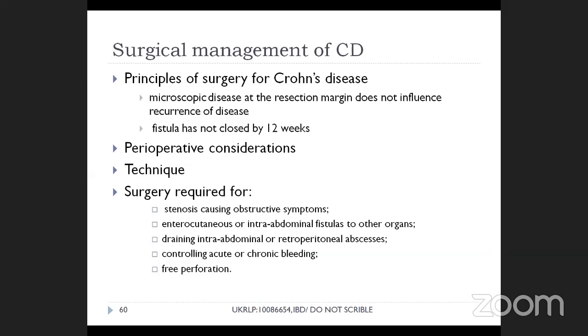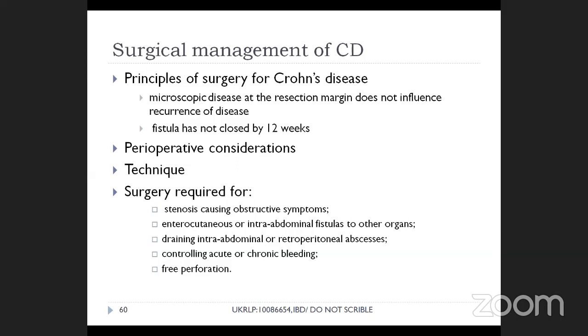Surgery is required in Crohn's disease for stenosing obstructive disease, when the patient has got cutaneous fistula or intra-abdominal fistula with other organs, when there is an abscess, to control acute or chronic bleeding, and when there is a free perforation. These are the indications for surgery in patients with Crohn's disease.